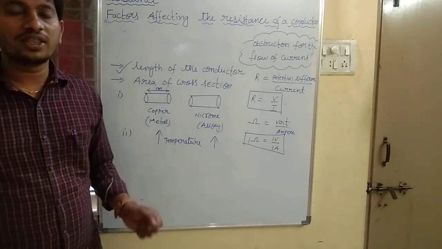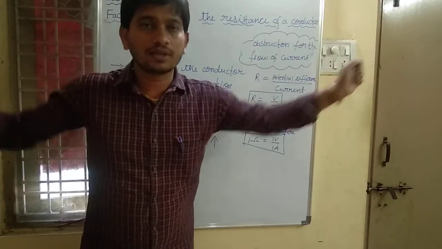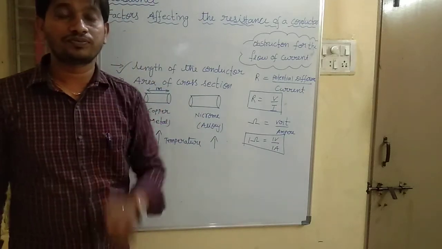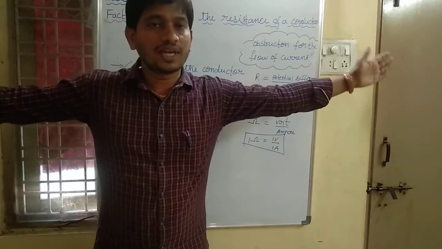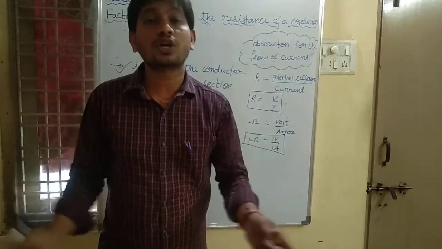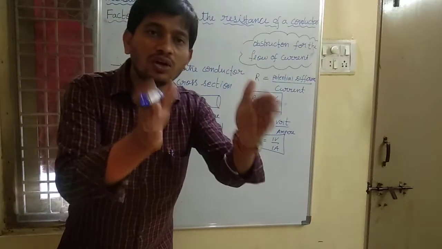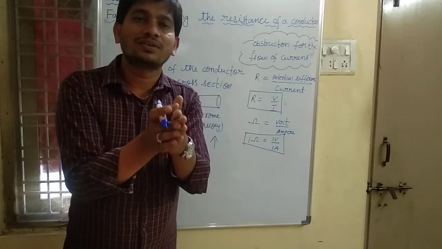See, if the length of the conductor is more, then resistance will be less. I mean, resistance is more. If the length of the conductor is more, then resistance is also more. If the length of the conductor is small, then the resistance will be less.